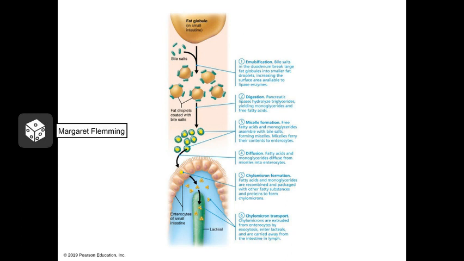So this is what I find so unique and interesting about fat absorption. In the lumen of the gut, the chemical digestion, breaking the fats, the triglycerides, down into free fatty acids and monoglyceride, occurs in the lumen here. Those are packaged.